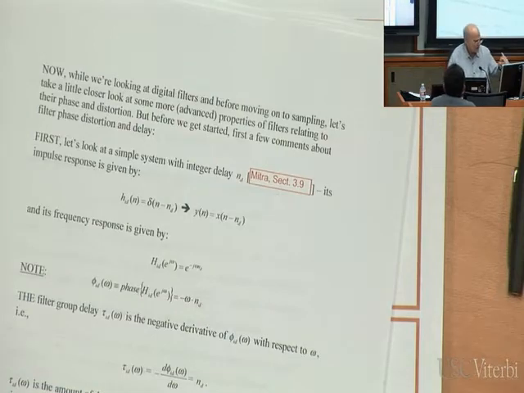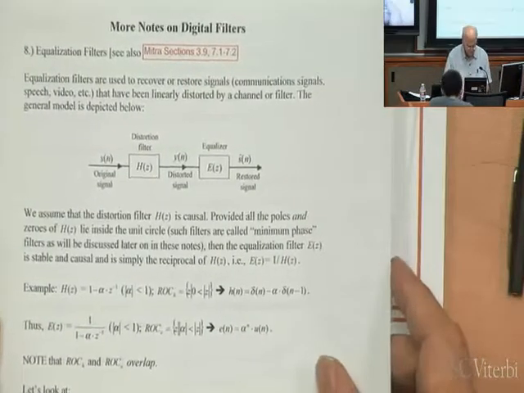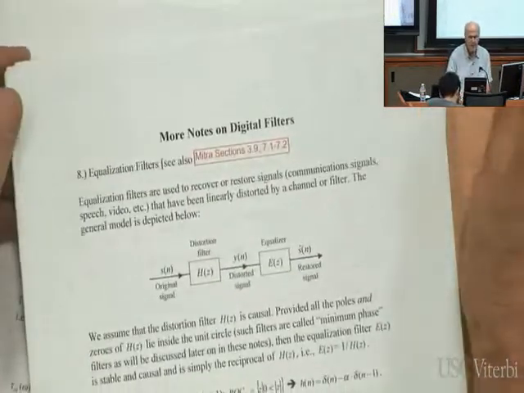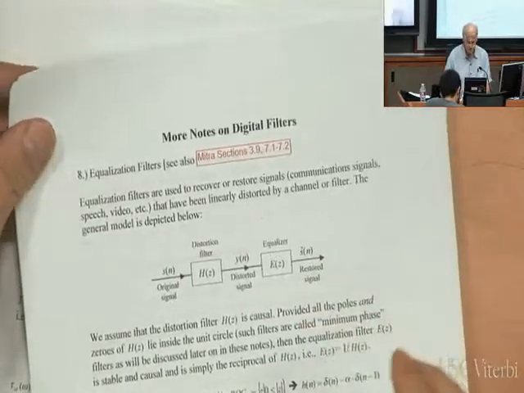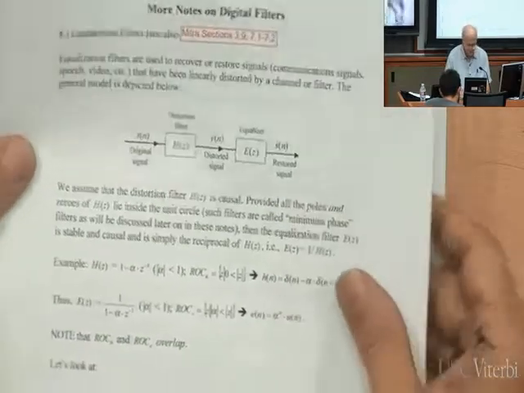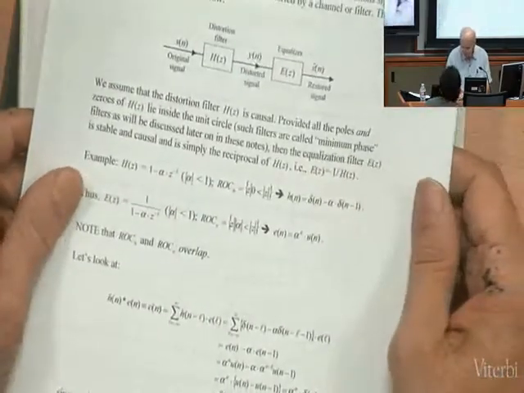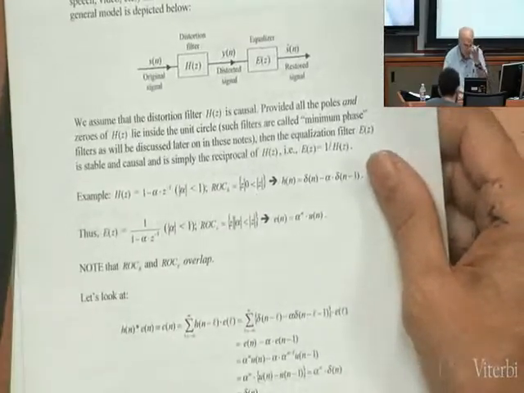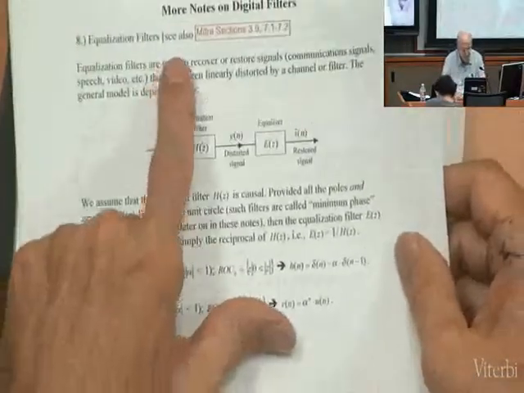Okay, so the next example was example 8, equalization filters. For right now, I'm going to skip over this example and talk about some more important properties of digital filters. If I have time, I'll come back to this.